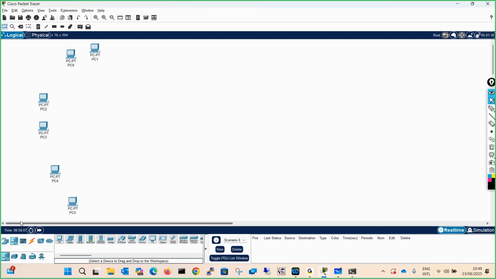Okay. Now there is something called hub over here. Take this hub. Just connect this. See now, when trying to connect, do one thing, just press the Control key and then press this.